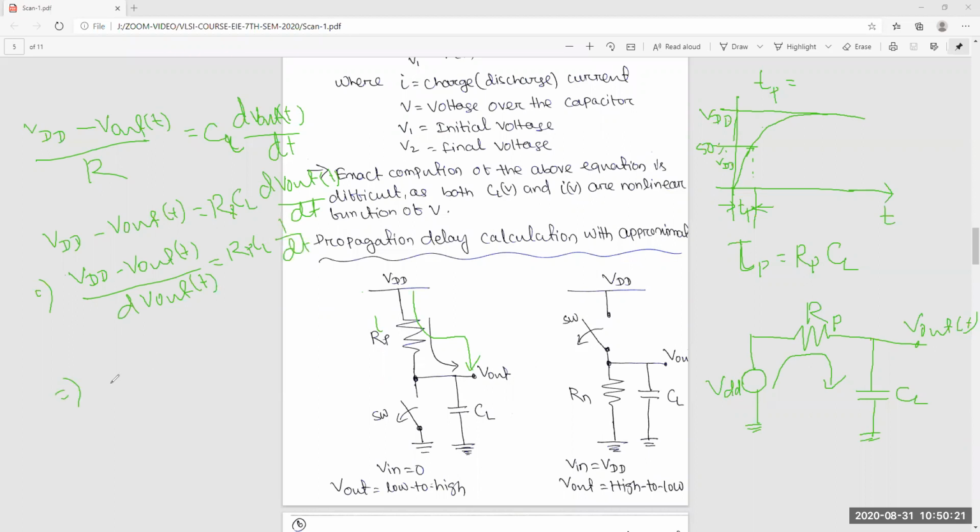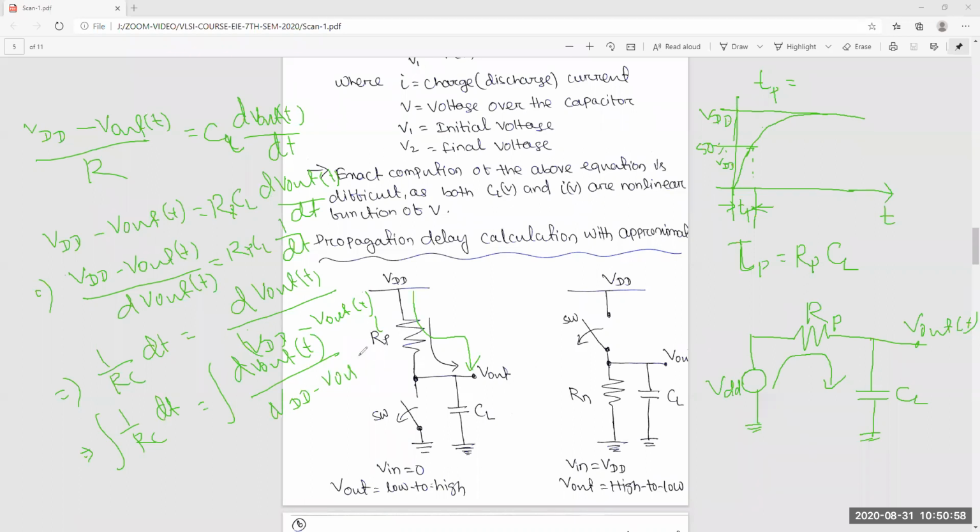So one thing you can do here: 1 by RC dt is equal to dV out(t) by VDD minus V out(t). Okay, so this is the equation. Now you can integrate these things: 1 by RC dt is the integration of dV out(t) by VDD minus V out(t).